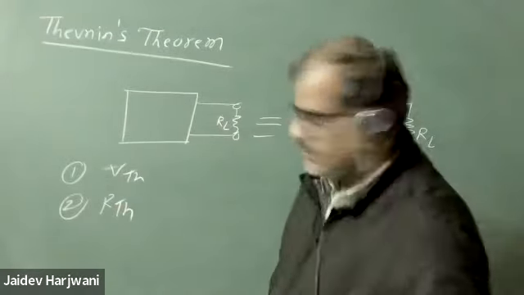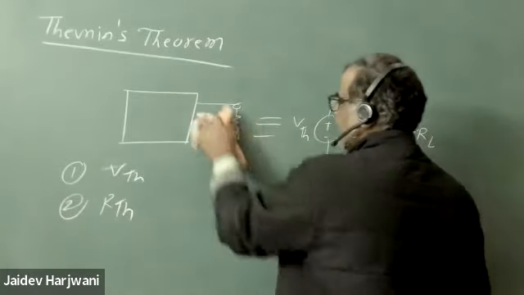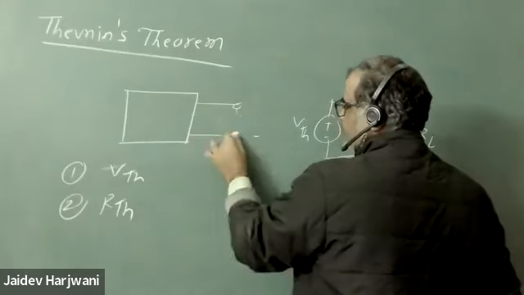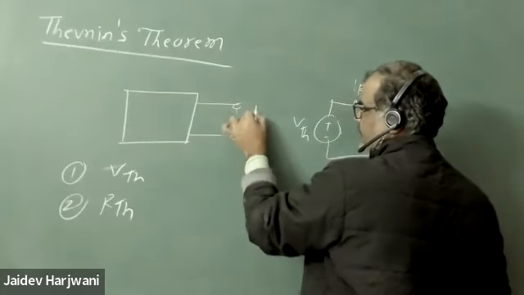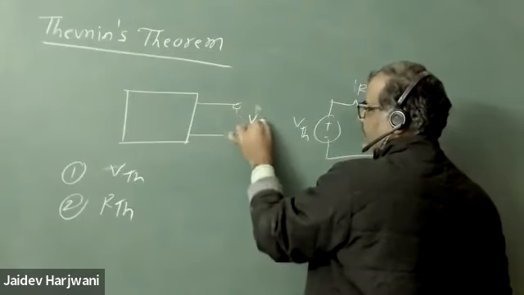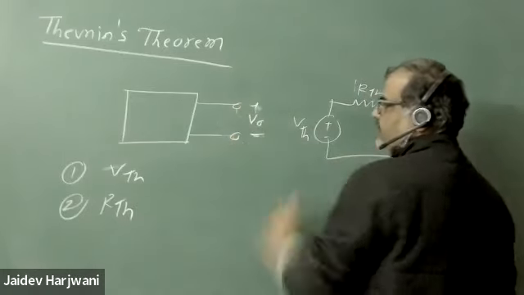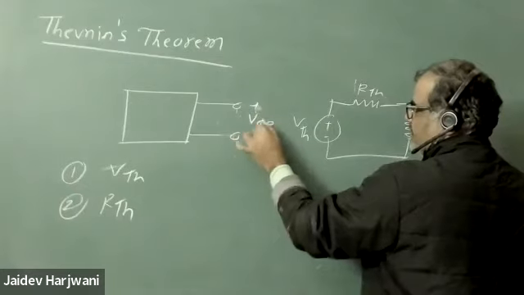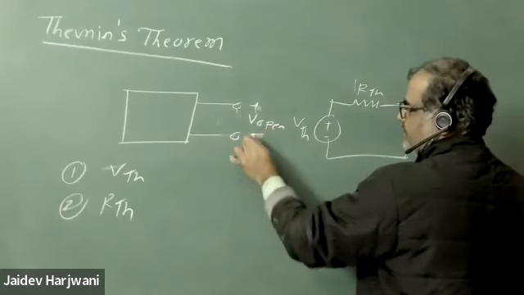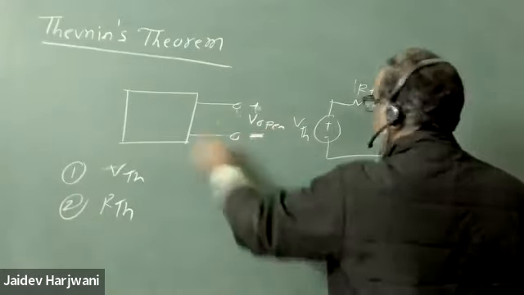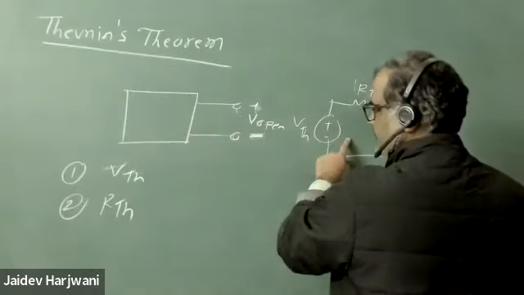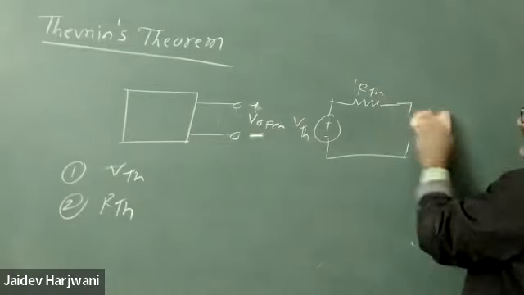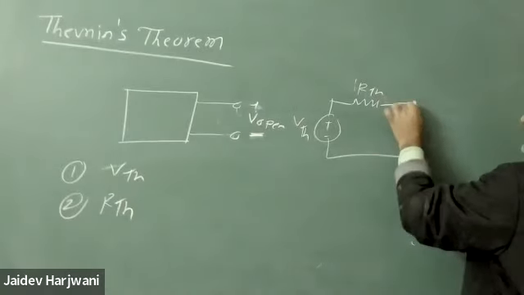Suppose I open this circuit and measure the open circuit voltage, say V open circuit. Now because these two circuits are equivalent, if I open this one also, I should get the same voltage here.